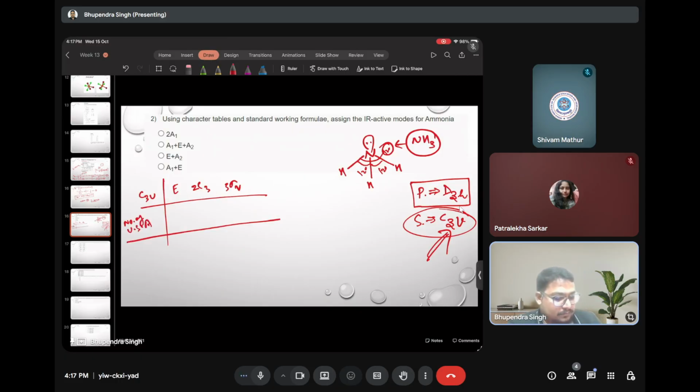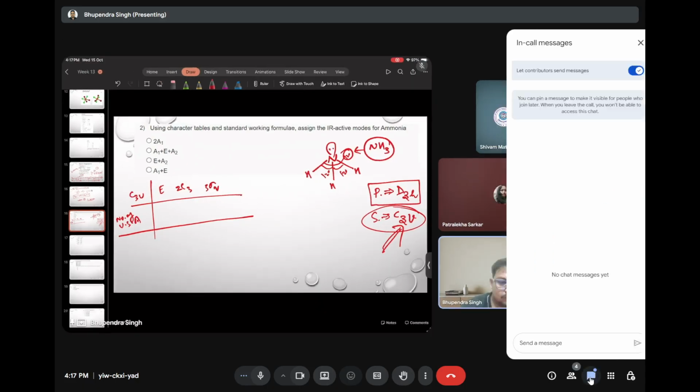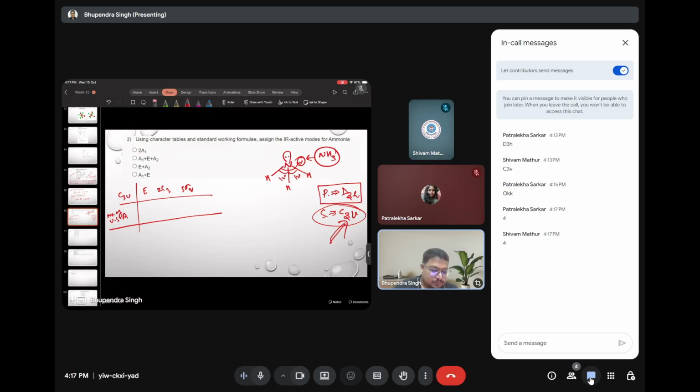Tell me, for the E operation how many unshifted atoms will be there? 4.